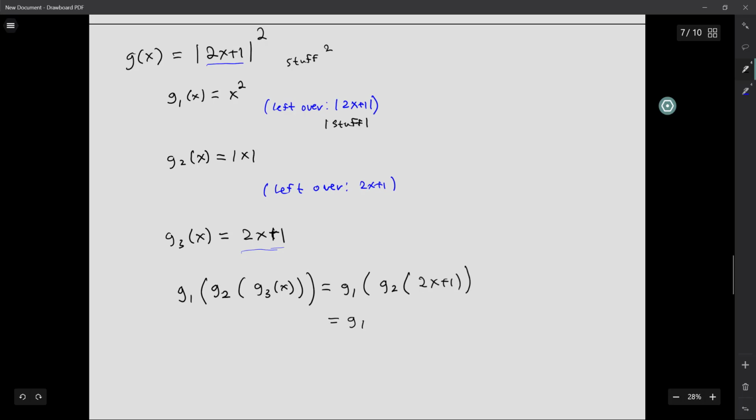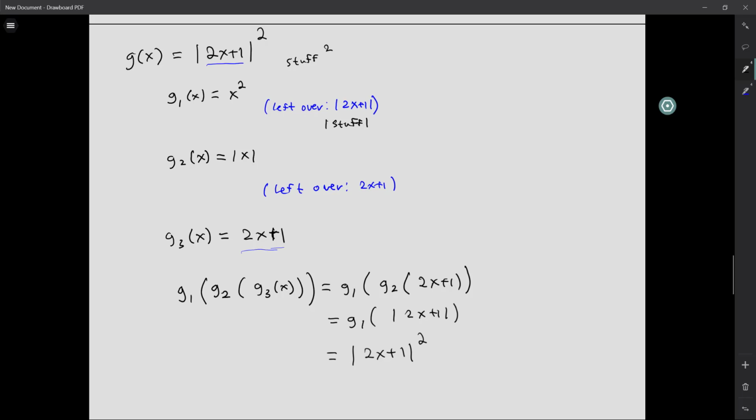If I plug that into g2, that's going to be the absolute value of 2x plus 1. Oops, got my bar there. And if I plug that into g1, this is going to be the absolute value of 2x plus 1 squared. So you see there you can have two or more.